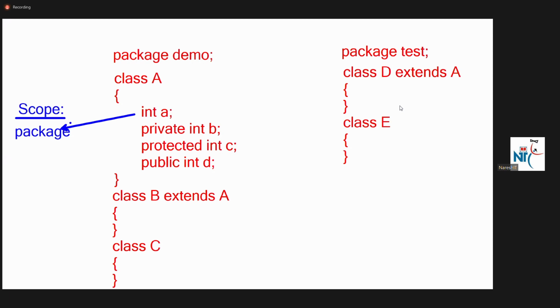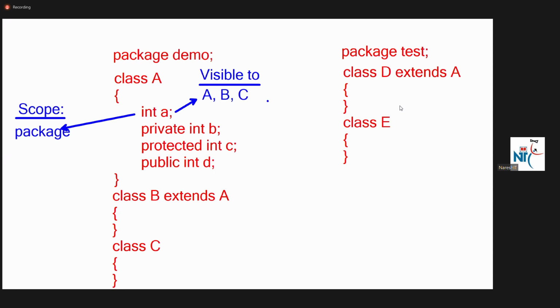That means in the demo package you can access it. In the demo package, how many classes are there? This variable you can access in A class, B class, C class. It is visible to 3 classes.